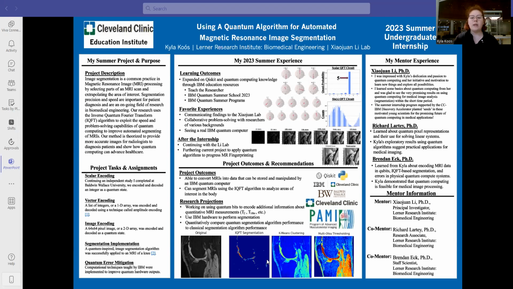We can see that even these algorithms have some issues with segmentation, but we would like to quantitatively compare how the IQFT performs against the classical algorithm performances.